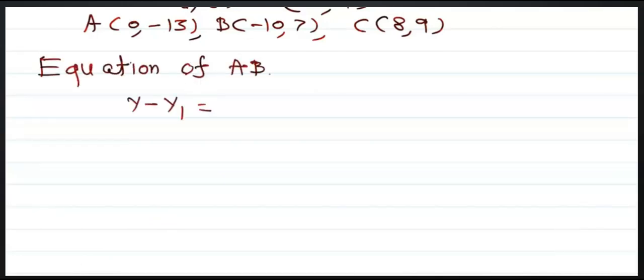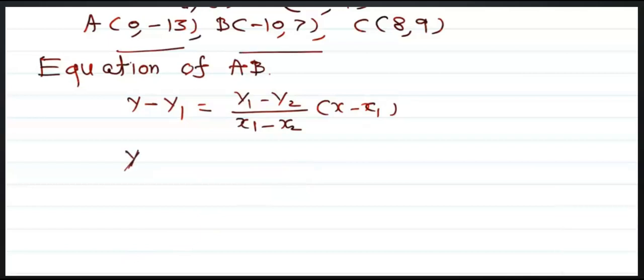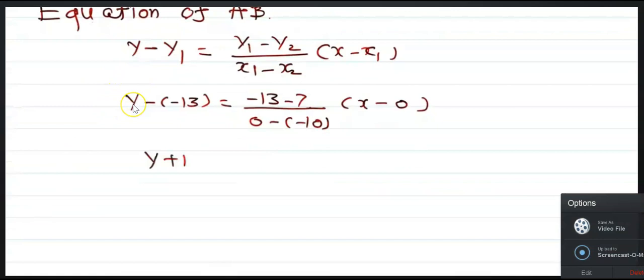The equation of AB is y minus y1 is equal to y1 minus y2 upon x1 minus x2 in bracket x minus x1. That is, we find out the slope of AB, and by using the slope point form, we substitute it, then you will get y minus in bracket minus 13 is equal to minus 13 minus 7 upon 0 minus in bracket minus 10 into x minus 0.